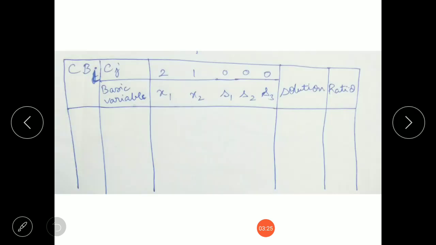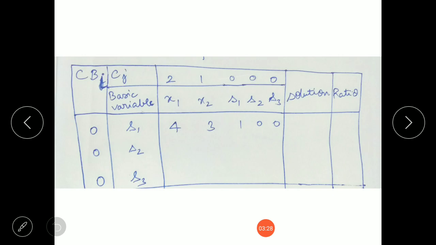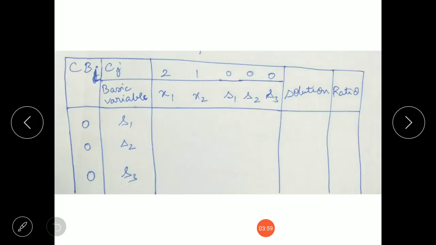So we have written all the coefficients corresponding to S1 from equation number 1, that is 4, 3, 1, and 0, 0 for s2 and s3. Here I have not written the solution, but you write it to be 12 for the row corresponding to S1.